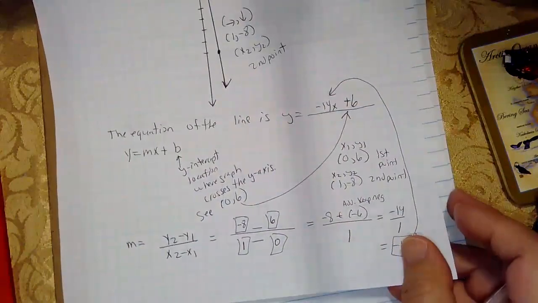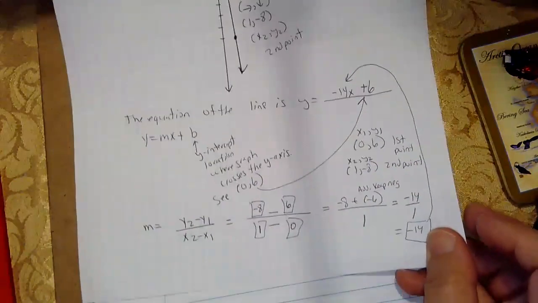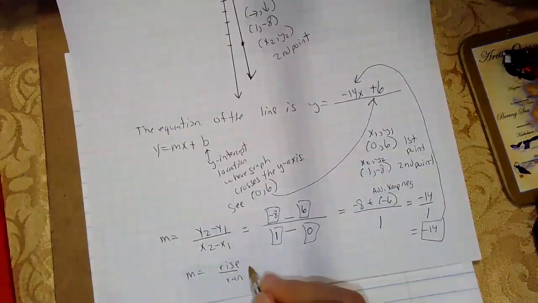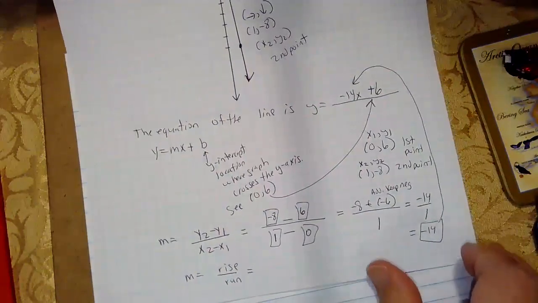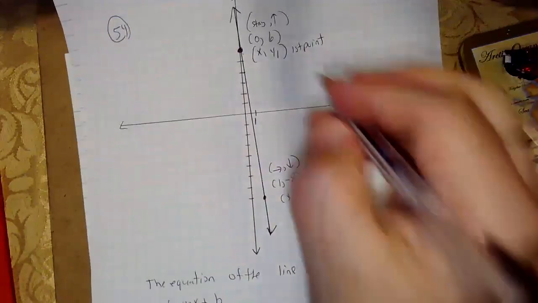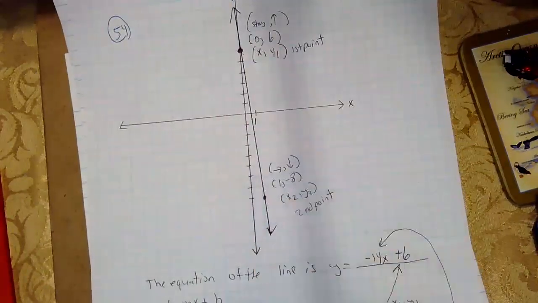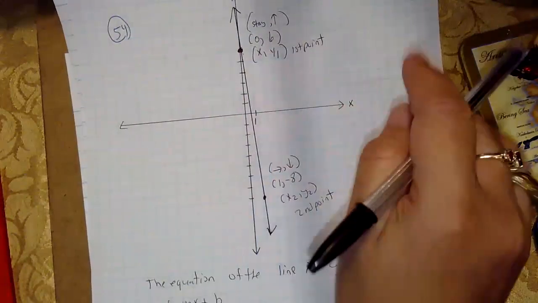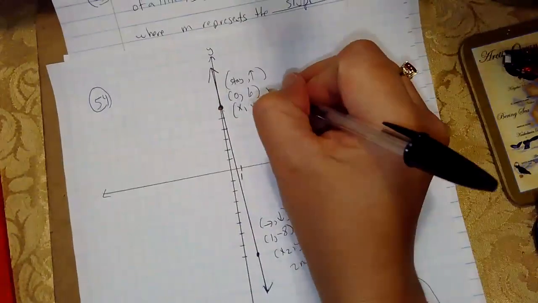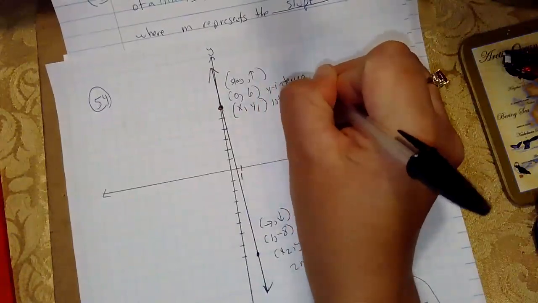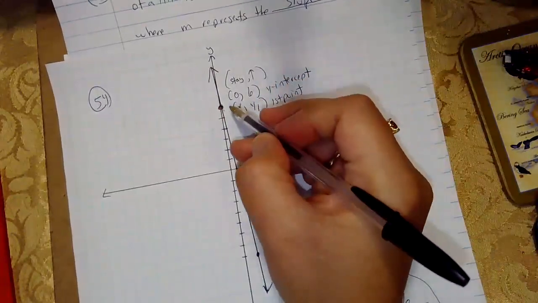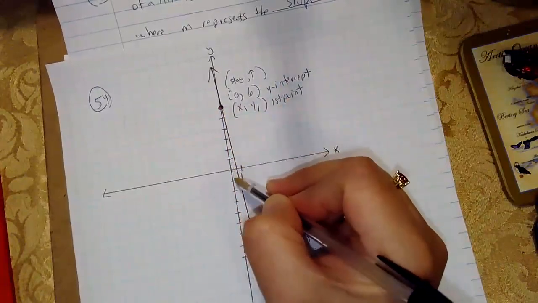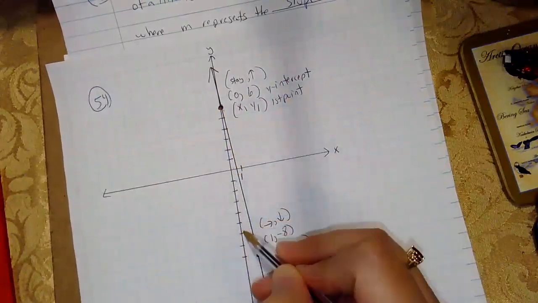I think also the other idea of slope, see, m is also rise over run. So you can see to get from this point to this point, and remember this is the y-intercept, from here we went down 1, 2, 3, 4, 5, 6, 7, 8, 9, 10, 11, 12, 13, 14.